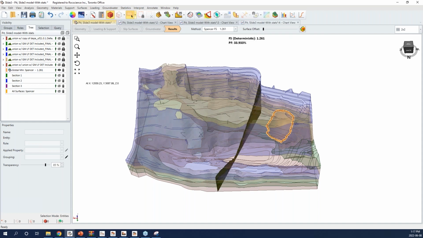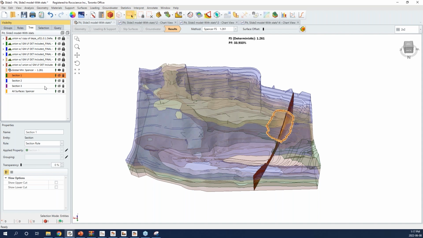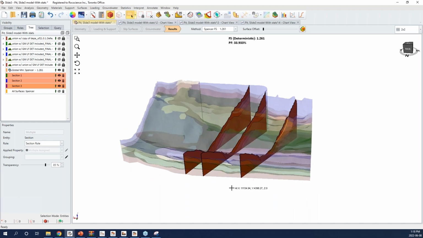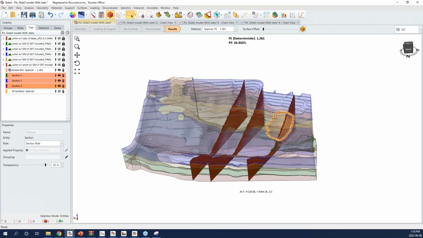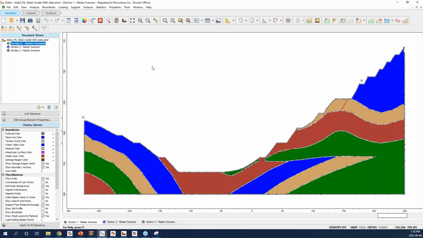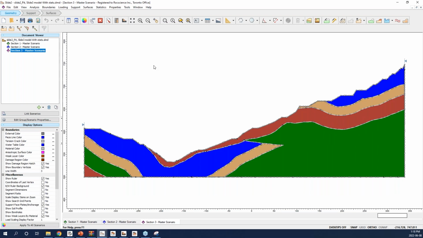Now, I want to show you something in 2D as well for the same model. I took 3 2D sections at 3 different locations of my model. If I open the Slide2 file, these are the 3 2D sections that I had on my 3D model.